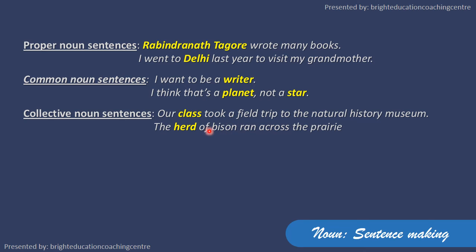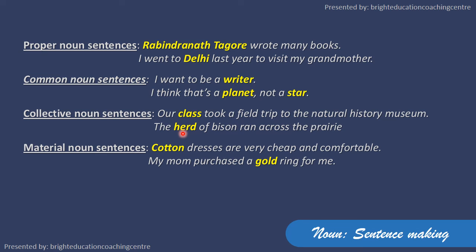But the word bison also is a common noun because it belongs to a particular class of animal. But herd is a collective noun because it is the name of that group of animals. Like flock of birds, pack of wolves. In these cases, we use pack, flock to name that particular group, right?